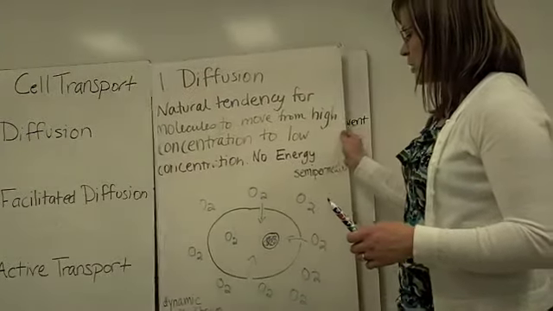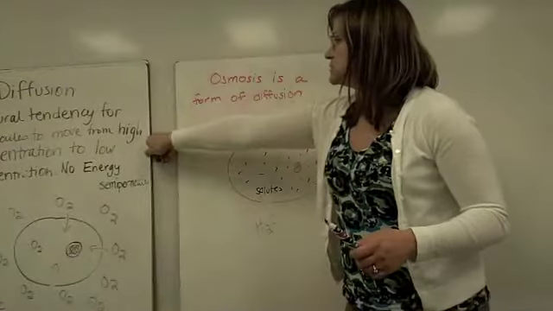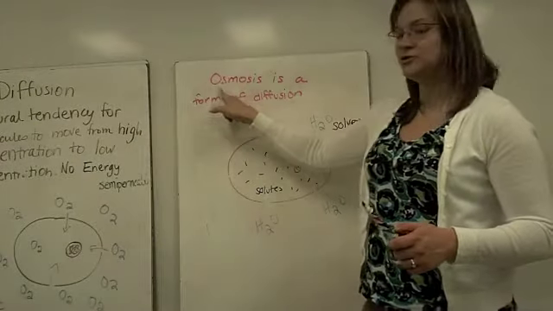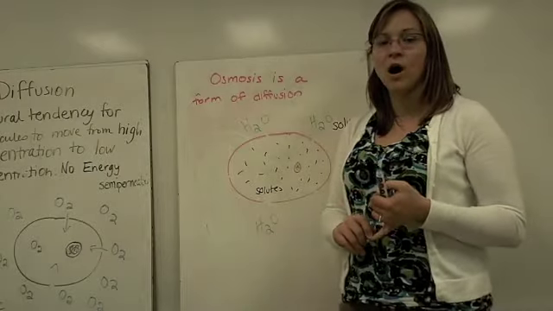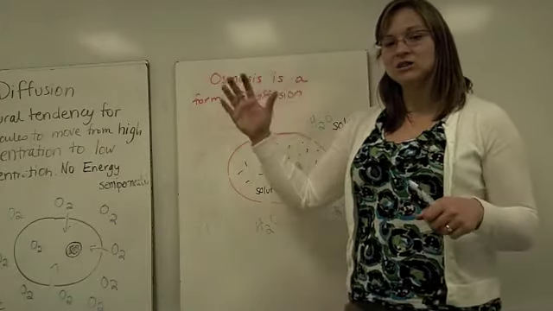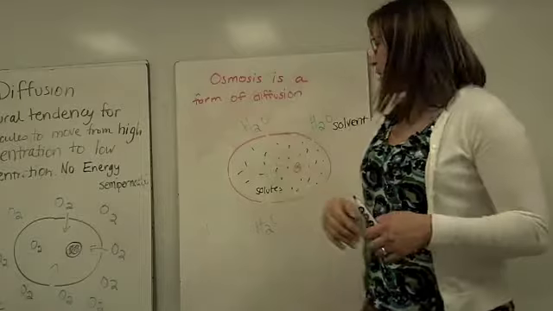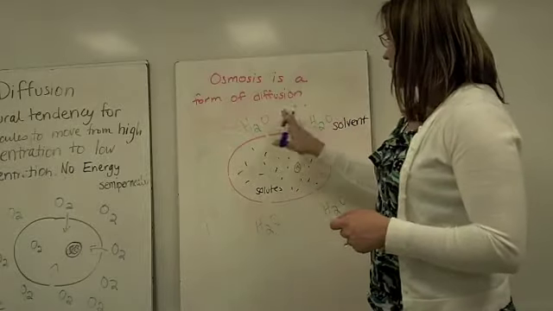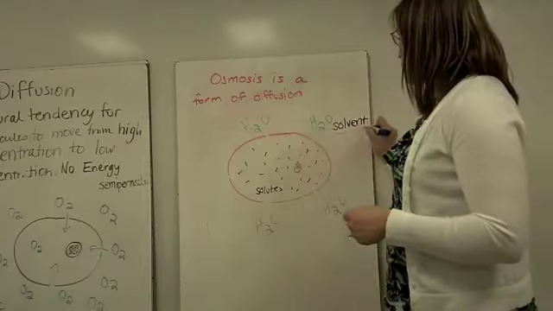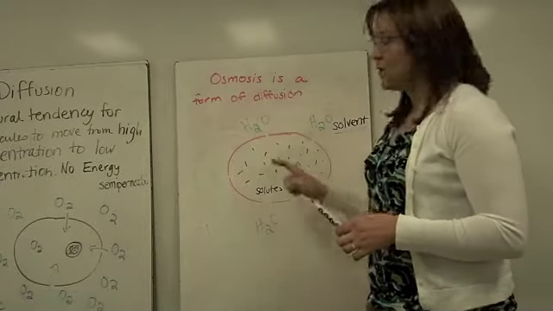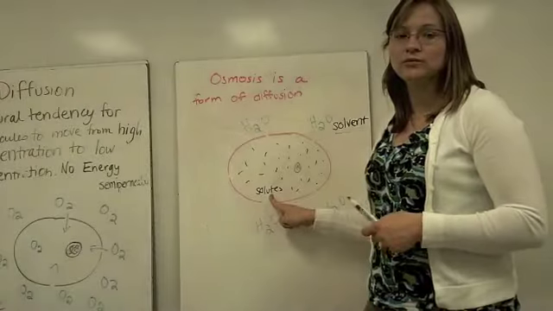So part of diffusion, osmosis falls under diffusion. It is a form of diffusion. Osmosis is just the movement of water from an area of high concentration to an area of low concentration. So on the outside of this cell, we have a lot of water, a lot of solvent or liquid. On the inside of the cell, we have a lot of solutes.